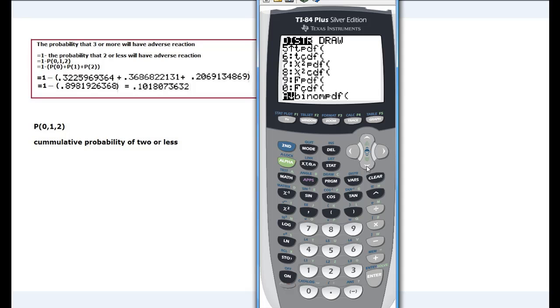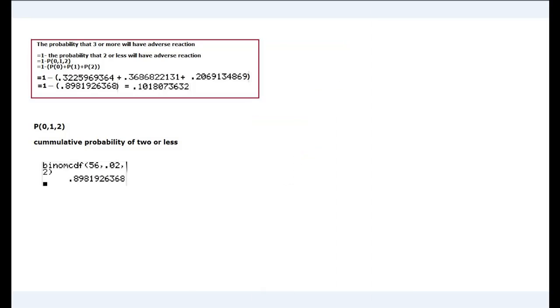But let's go slowly and methodically right now. We have 56, comma 0.02, comma 2. So we will have the same number as we have here. You can do it directly, and you can see these two numbers match.